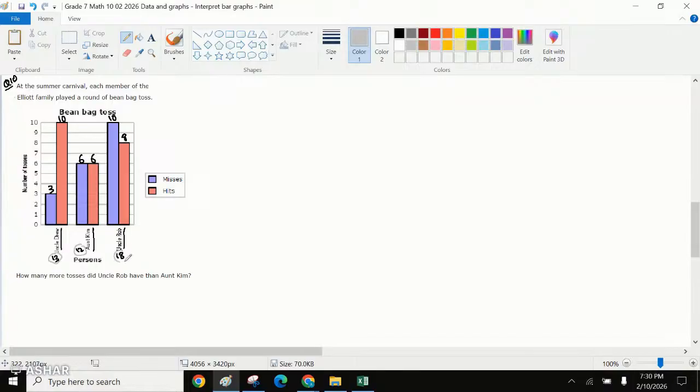But just the records are there, okay? So the horizontal axis is showing the name of the person, and the vertical axis shows the number of tosses. So the question says, how many more tosses did Uncle Rob have than Aunt Kim? So Uncle Rob had minus the tosses done by Aunt Kim.